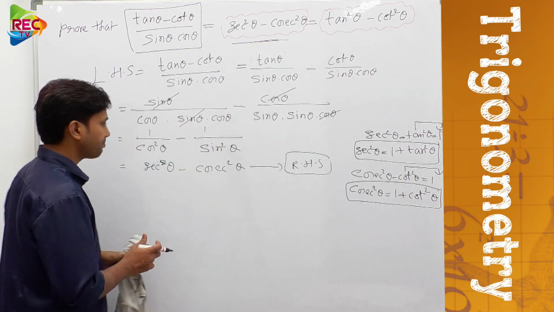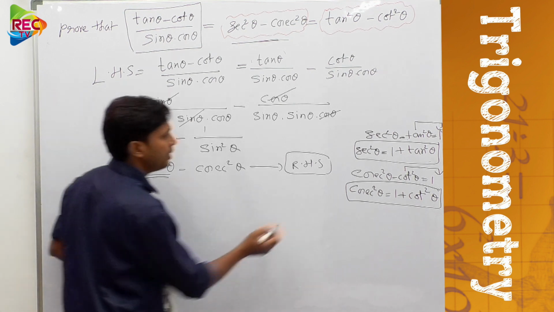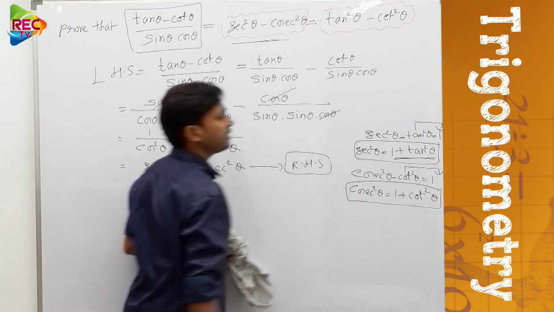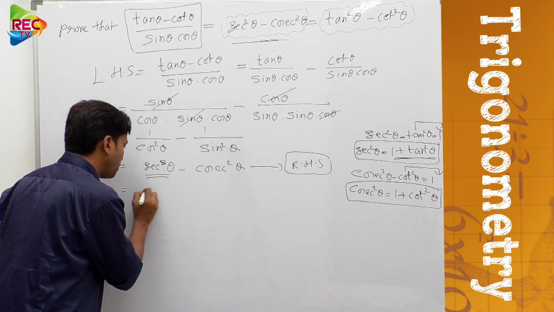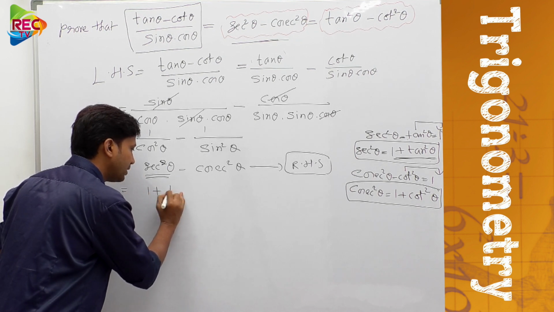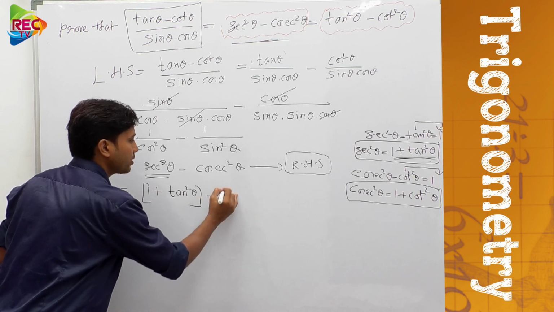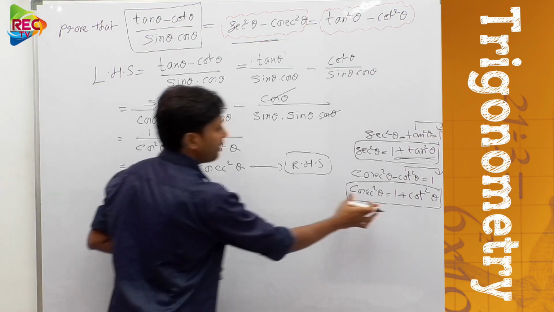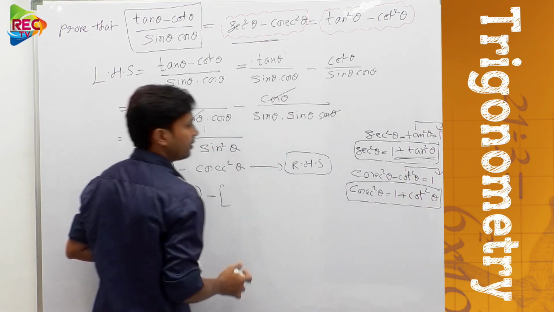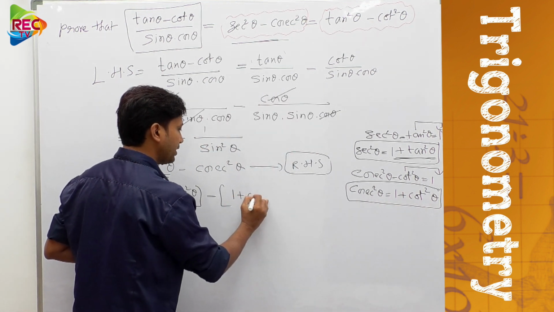Okay, right. See here, secant square theta value we can substitute as 1 plus tan square theta or not? Exactly. So put it here, 1 plus tan square theta. Now minus of cosecant square theta value would be substituted by what? 1 plus cot square theta or not?